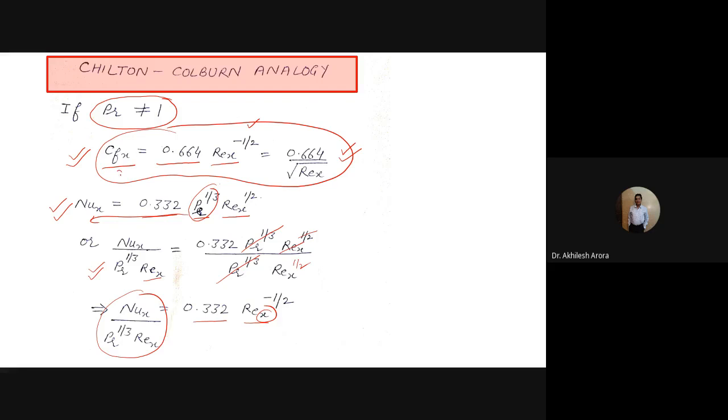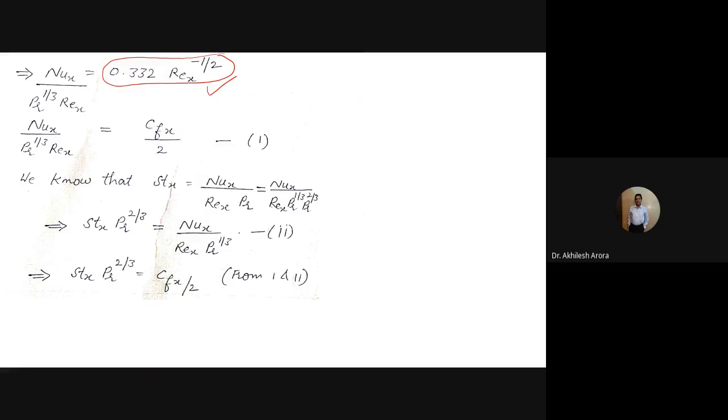If I divide by 2 on both sides, it becomes 0.332. So it is nothing but Cfx by 2, and this is local Nusselt number divided by Prandtl number raised to power 1 by 3 into local Reynolds number. If you remember the definition of the local Stanton number, it is given by Nusselt number divided by Reynolds number into Prandtl number.